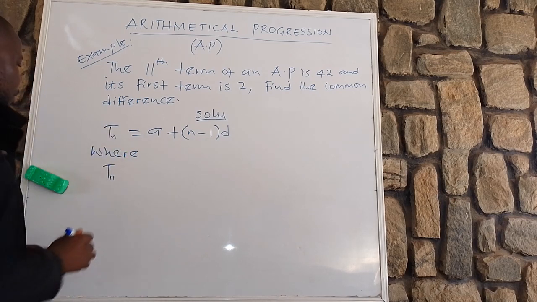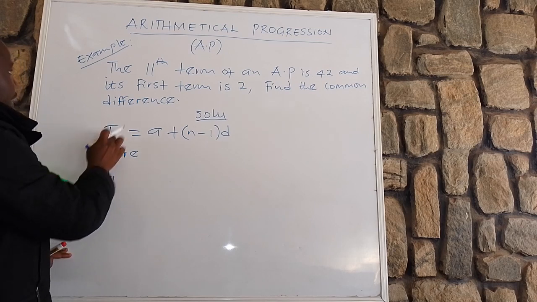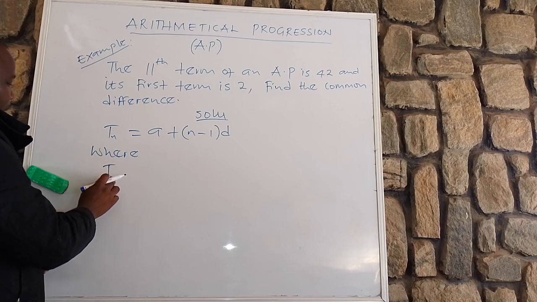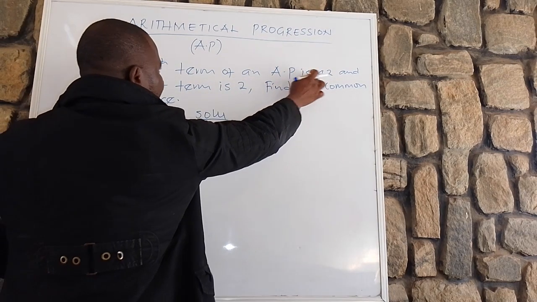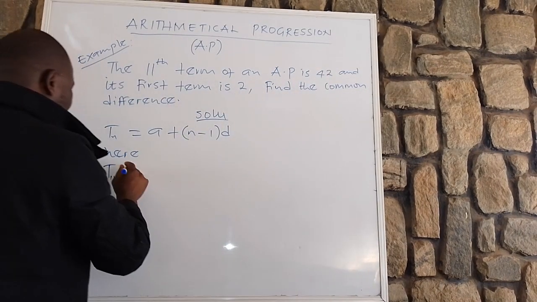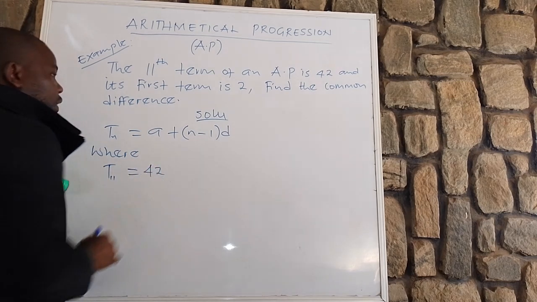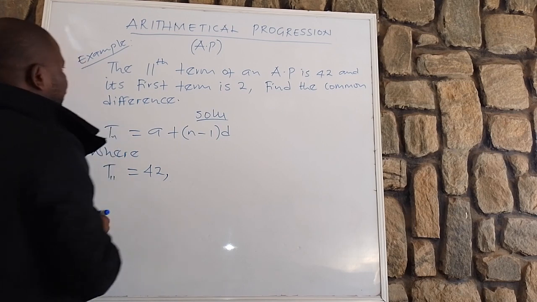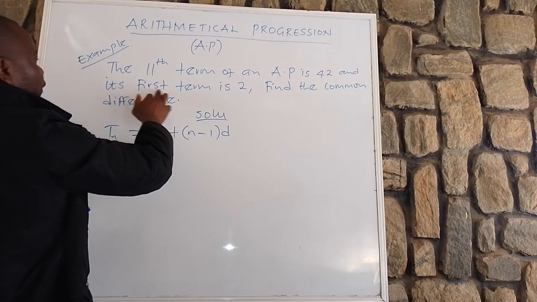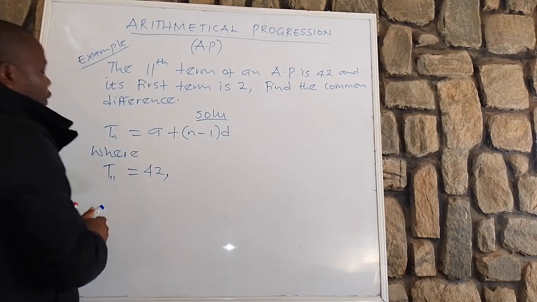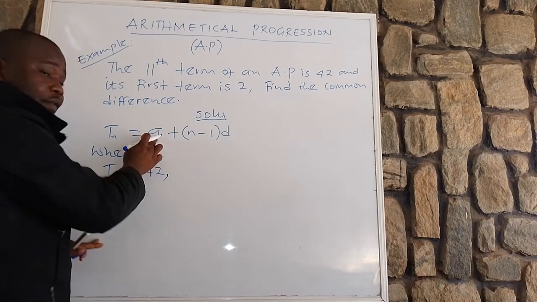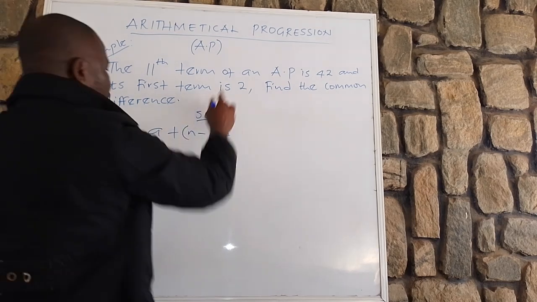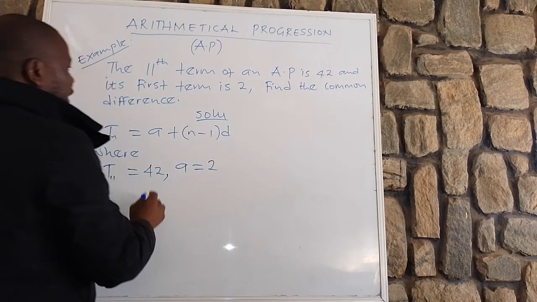We are talking about the 11th term of an AP, so n is 11, and the 11th term equals 42. Then they said its first term is 2, so our a equals 2.